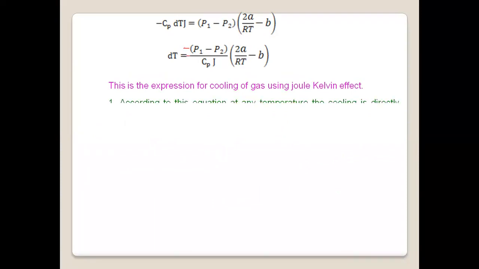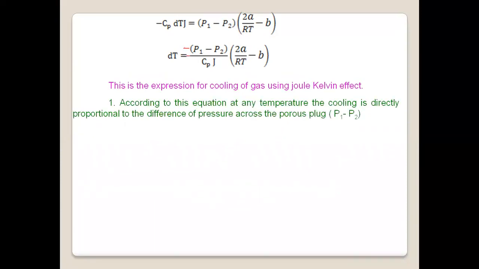So by using this, what can we say? At any temperature, the cooling is directly proportional to the difference of the pressures, that is P1 minus P2. If P1 minus P2 increases, the change in temperature also increases. That is, if the difference between the two pressures is very high, the cooling effect is also more.